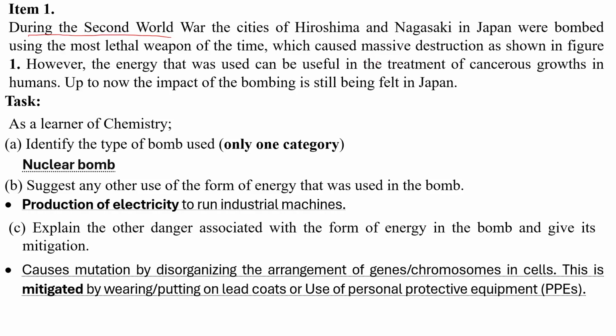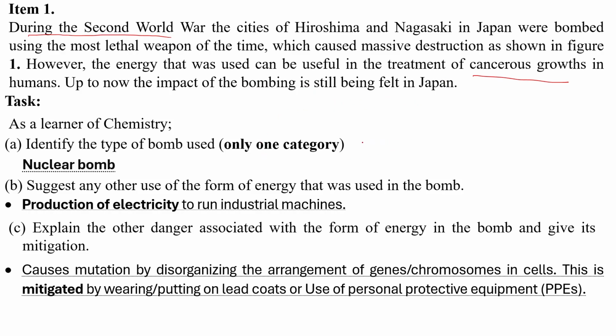It did show the figure, but it was UNEB 2024. However, the energy that was used can be useful in the treatment of cancerous growth. Up to now the impact of the bombing is still being felt.